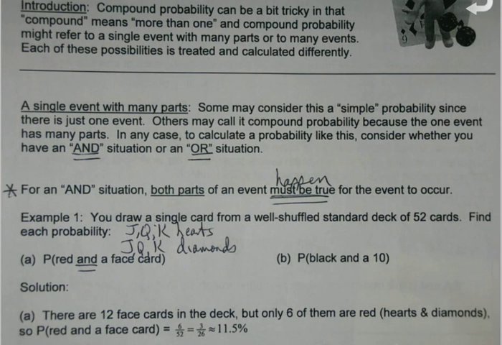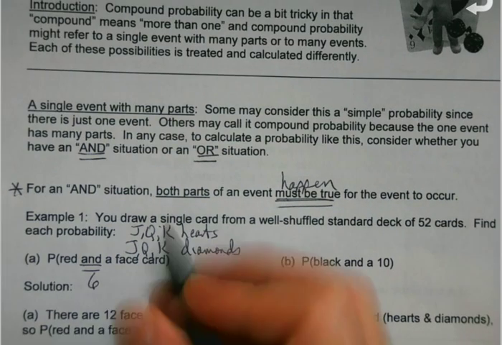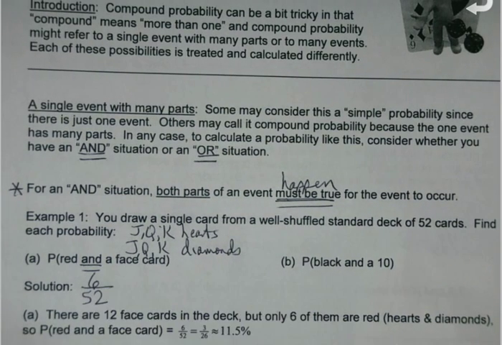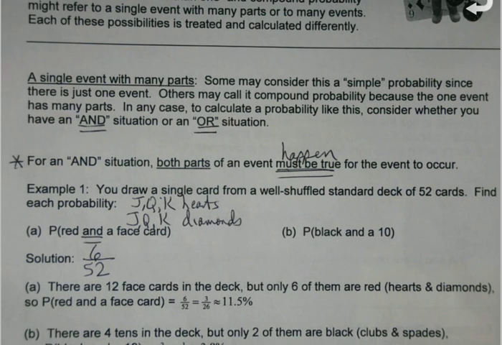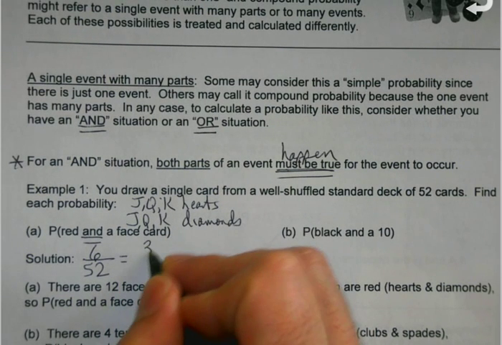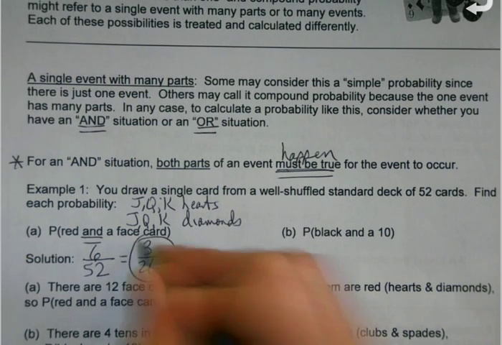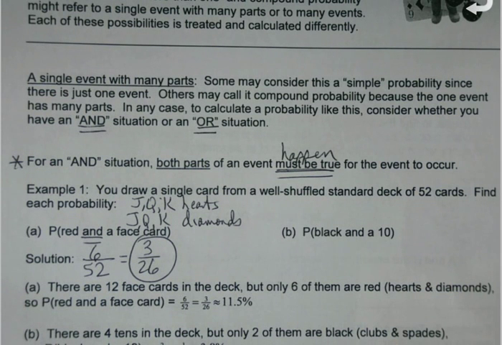Those 6 would cover me. So there's 6 successes out of 52 in the deck. And as we mentioned yesterday, whenever there's a fraction, I need to make sure I get it to its most reduced form, which in this case would be a 3 out of 26 chance of that occurring. But again, red and face, not just the face cards, not just the red cards, but the red and face cards.